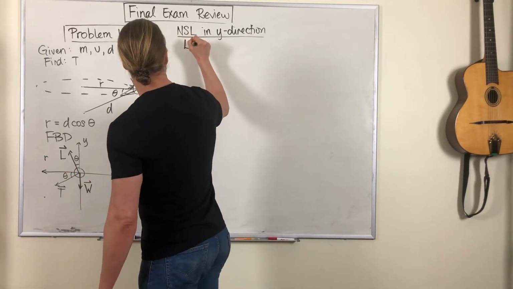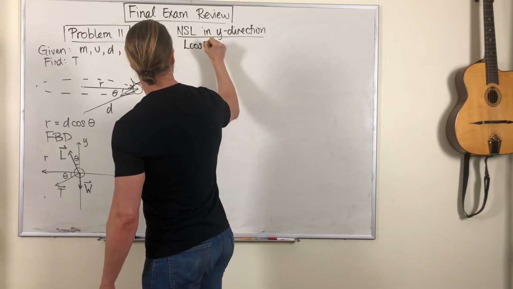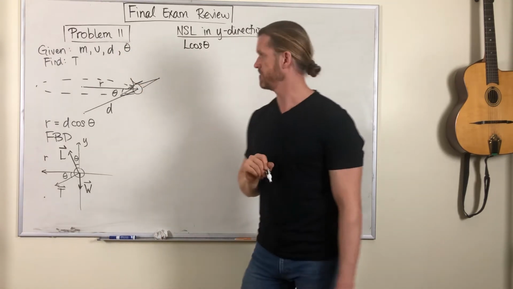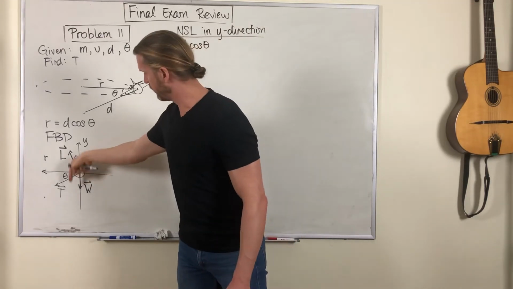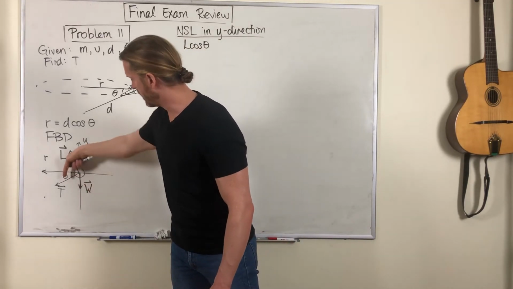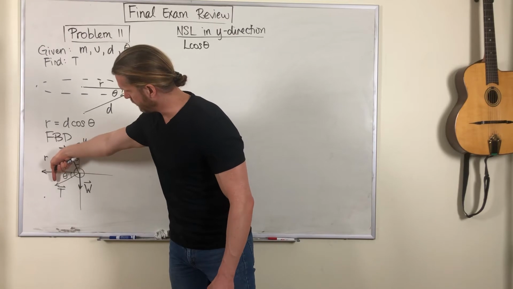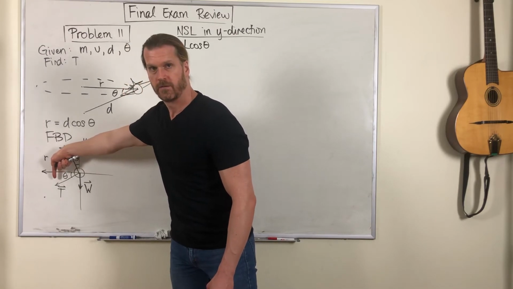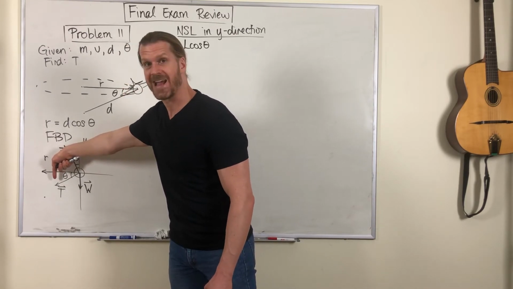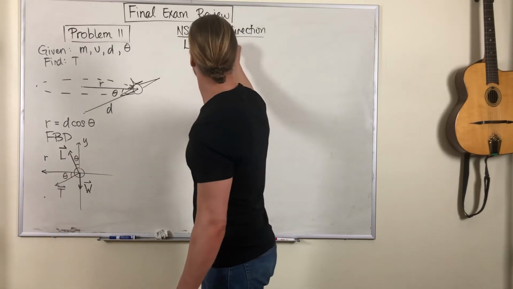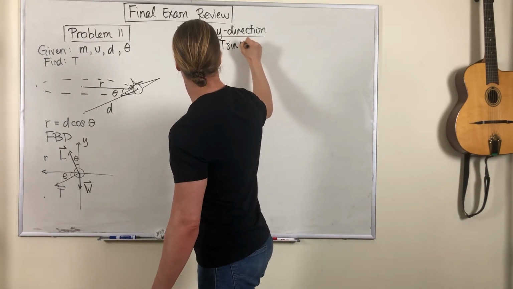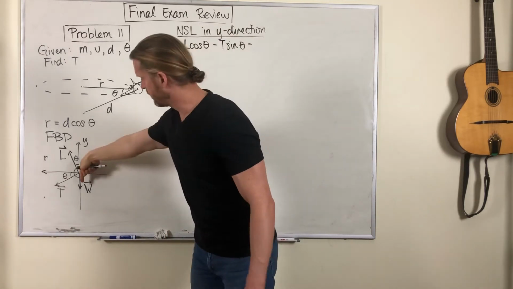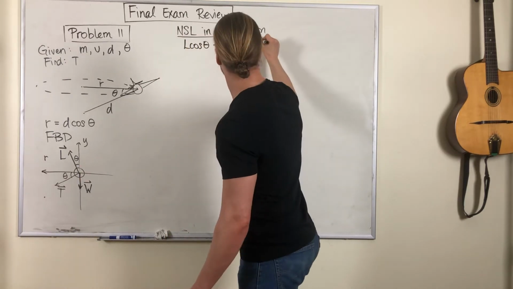So we have L cosine theta, and we have two forces in the negative y direction. We've got the y component of tension, which is T sine theta, and we've got gravity force.